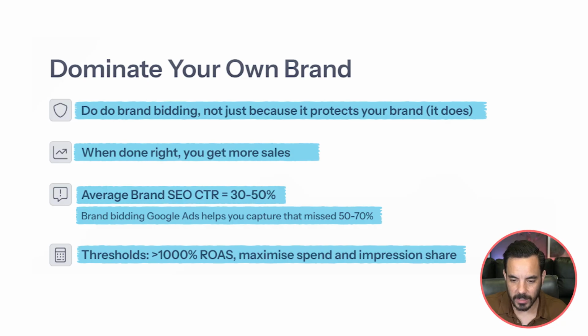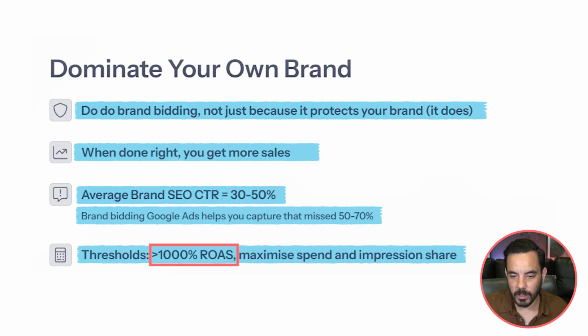Generally speaking, for brand search campaigns, I look for above 1000% ROAS, right? Let's say like 50% of the people who are clicking on your branded search ads in Google Ads, let's say 50% of them were actually going to click anyway, right? Which means it was only 50% incremental traffic on your brand PPC.